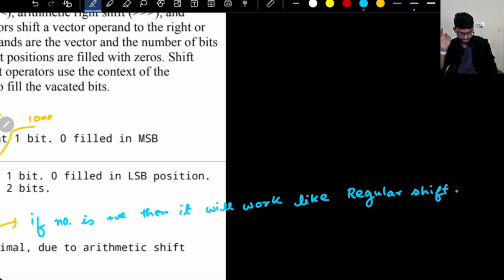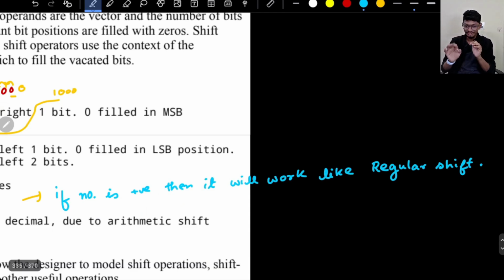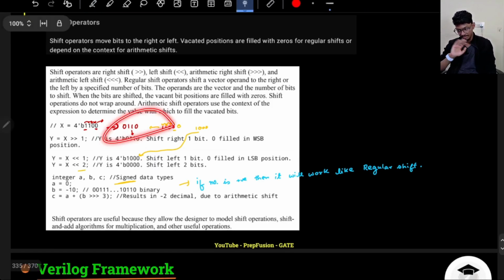If the number is not positive, then it will work, but it will work differently. We have to think about that, and we'll discuss it. If the number is positive, you don't have to worry about anything, just apply the same concept we have learned here.